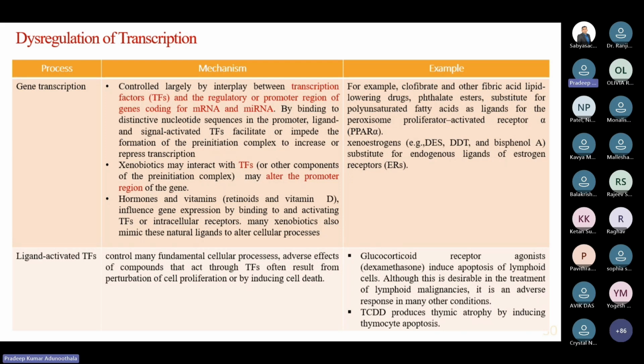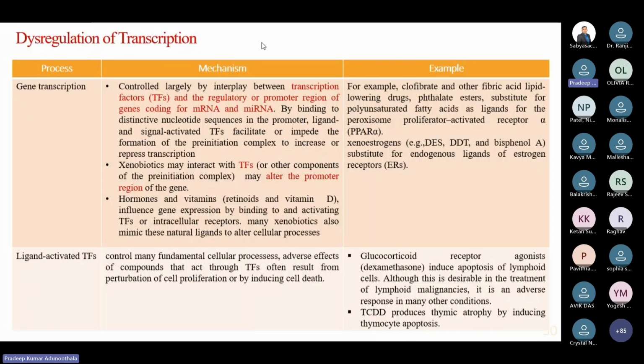Second, there are chemicals which directly mimic the natural ligands, and when they bind to the receptors or affect the gene directly, it reduces the effect of the normal process, and that leads to toxicity.